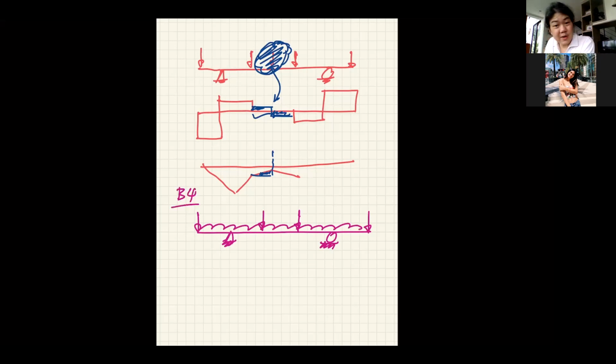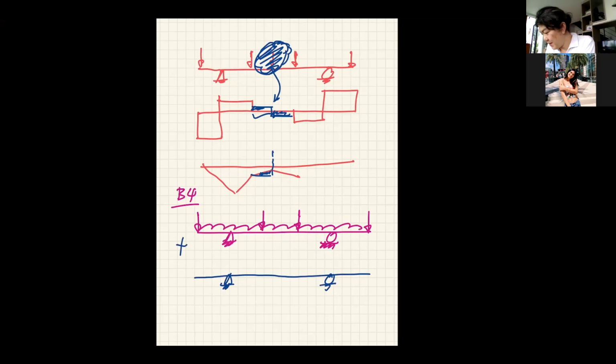Okay, to consider B5, if you sit back for a minute and look at B5, you would see that B5 is actually B4 plus this. It's exactly B4 all over again, but with more load. So it's B4 plus this.